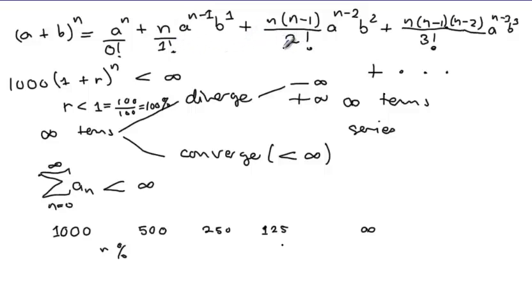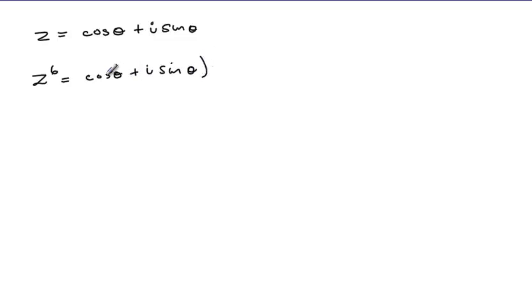Now, the most important thing is you need to understand how to use the binomial expansion. And one area where we can use it immediately and you experience nicely is this. We have a complex number here, and this complex number, let's say, is z equals cosine theta plus I sine theta. And let's say this z is raised to the power 6, which means we must have cosine theta plus I sine theta to the power 6.